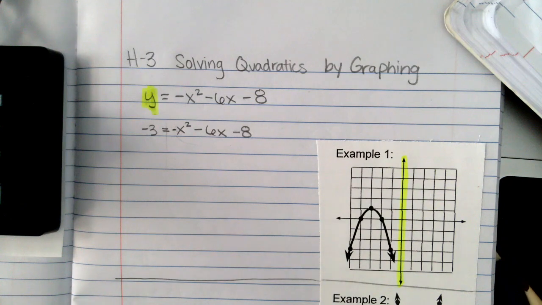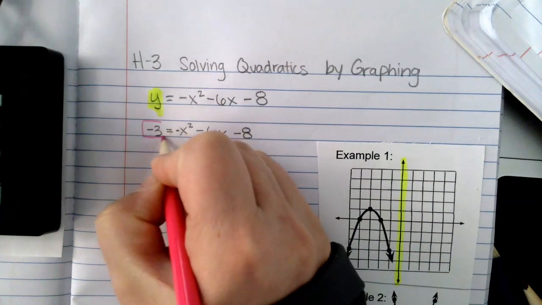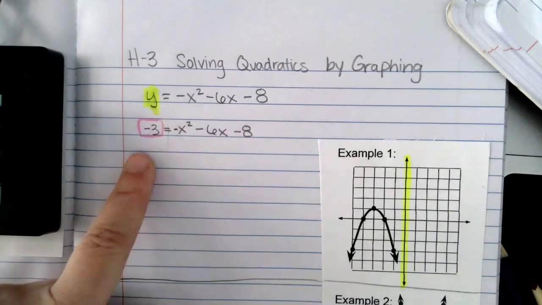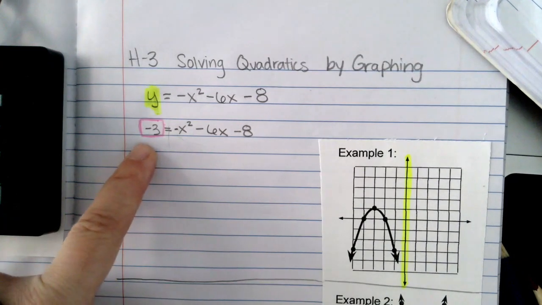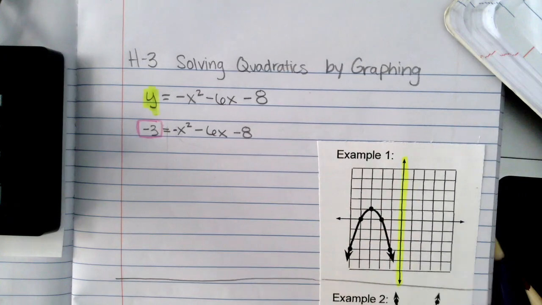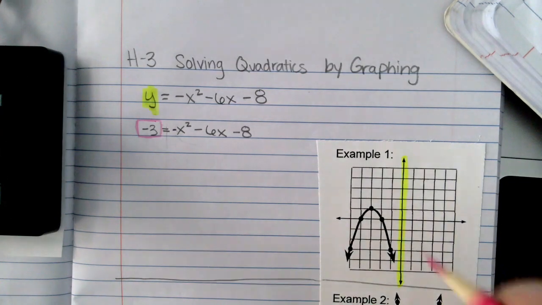So in this first one here, I'm going to be looking at this negative 3. And I'm looking at that negative 3 as an output, or as a y. So on that y-axis, I want to find negative 3. And I know it's not labeled, so we're going to have to think up and down and how many. So as negative 3 on that y, am I going to be going up or down? Down.